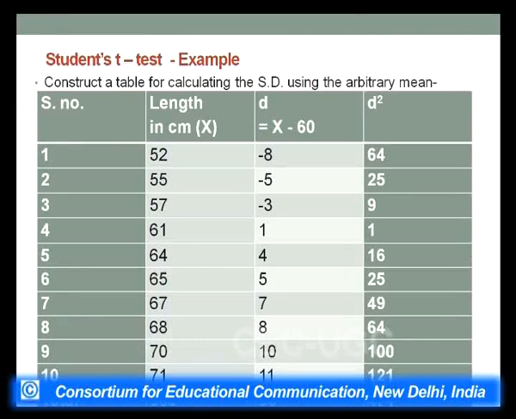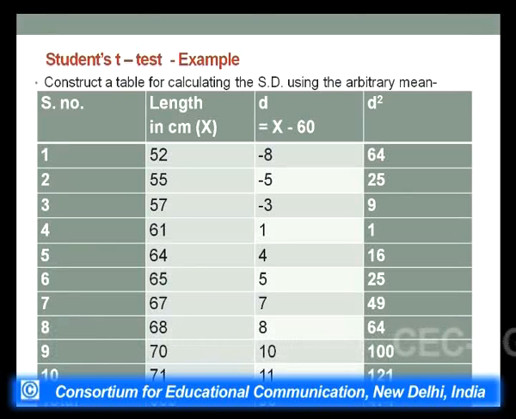Now let us continue with this example. In this example, on one side you have written the length in centimeters. You have serial numbers, 10 advertisements are there, 1, 2, 3, 4, 5, 6, 7, 8, 9, 10. Then lengths are written: 52, 55, 57, 57. And the assumption was 60, so you find out the difference from 60.